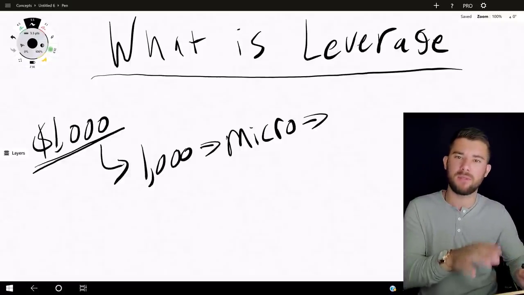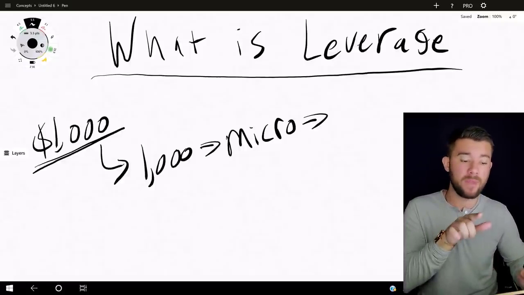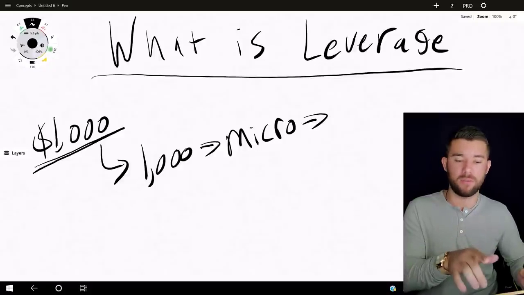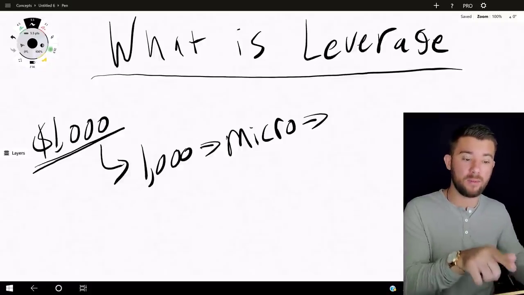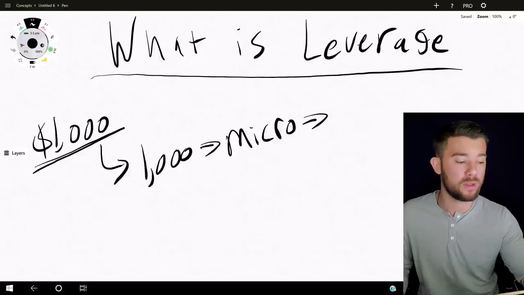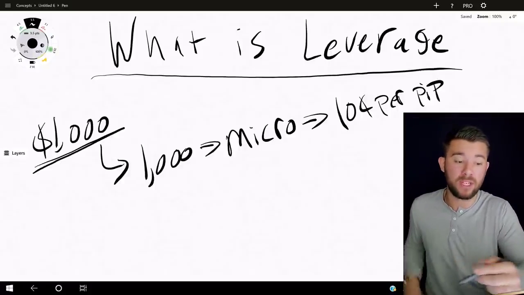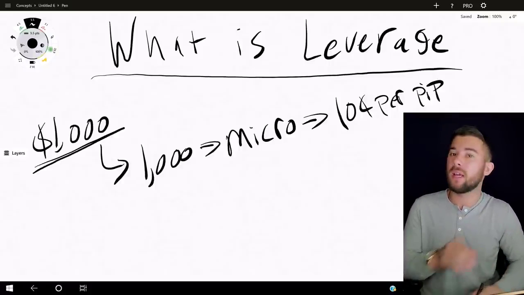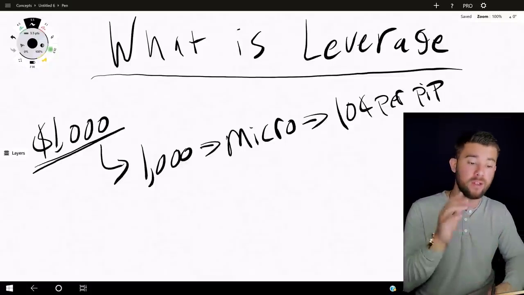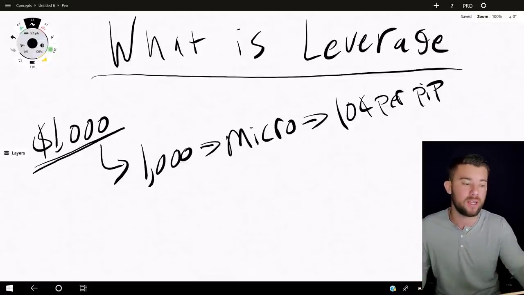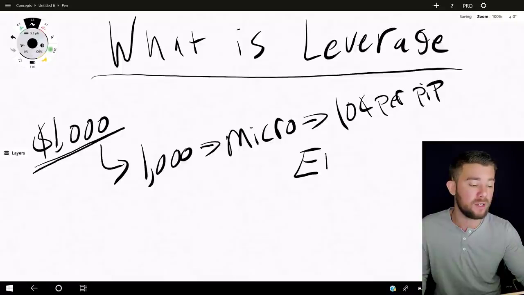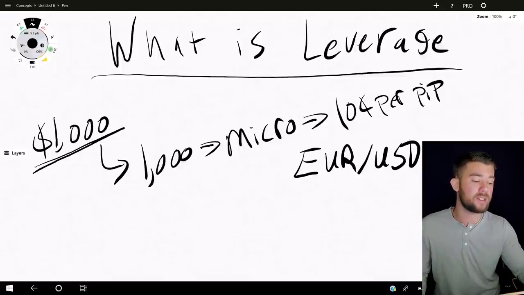If you haven't studied lot sizes and stuff, we have another video on that you've probably just watched, hopefully. This 1,000 unit micro lot is worth 10 cents per pip. Okay, so if you have a $1,000 account, that means you can trade at maximum, if you are all in on a trade, 1,000 units of a currency. Let's say you have 1,000 units of the euro dollar. And you say, cool, I have 1,000 units.